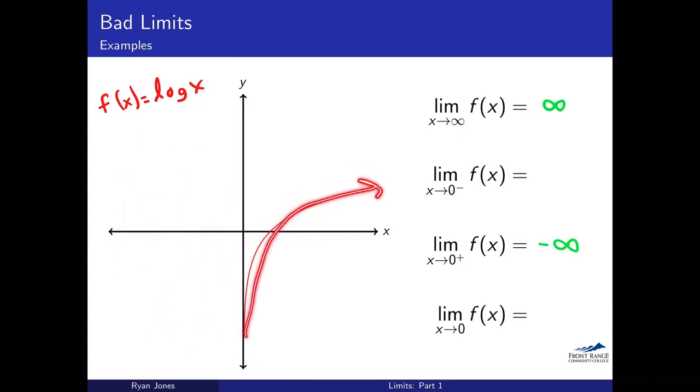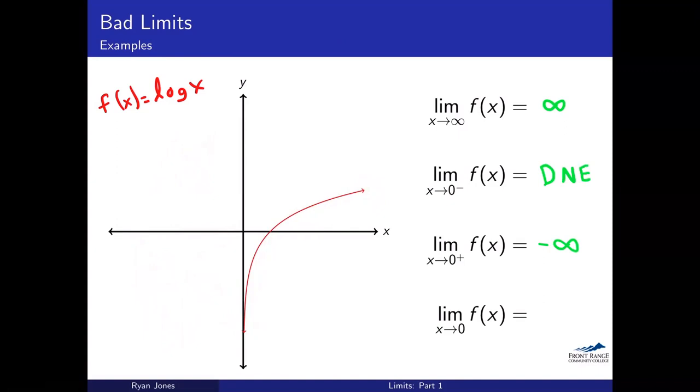That's the only spot that it even exists. So if I try to approach 0 from the left-hand side, there are not even y values for me to look at. So in that case, I can't even tell you what the limit is. That's again when we say does not exist.